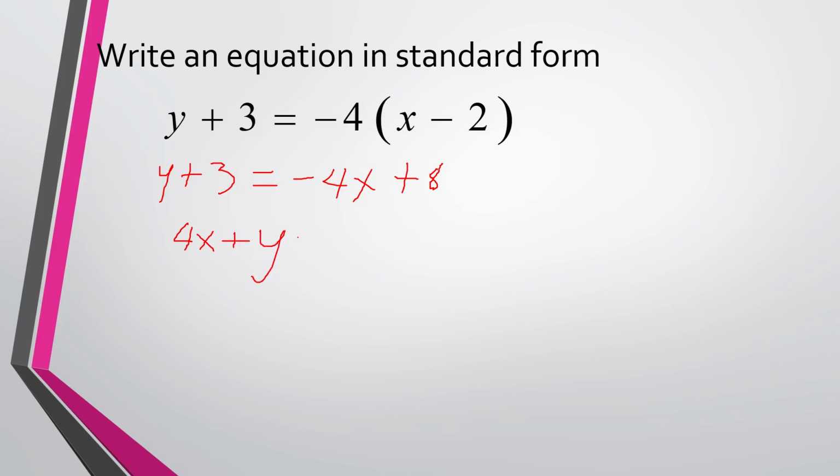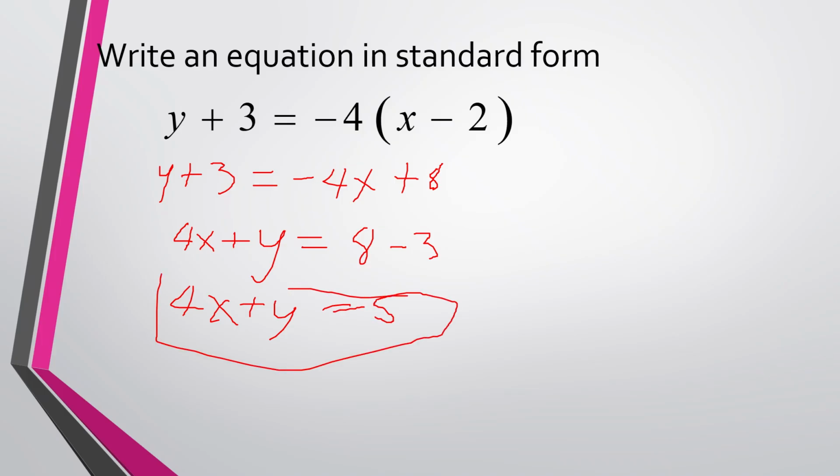Okay, pag nag-transposition tayo, guys, pag nilipat mo yung isang variable sa kabila, magpapalit po ng sign. So like this one, 8. Lipat natin yung positive 3, that will become negative 3. So 4x plus y equals 5. Now, this is now your equation in standard form.